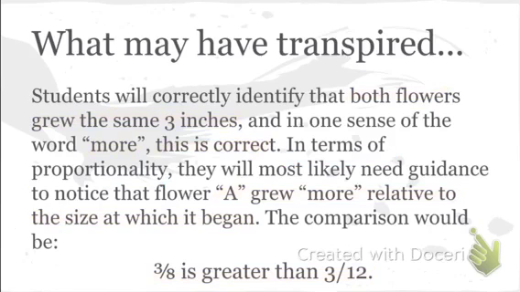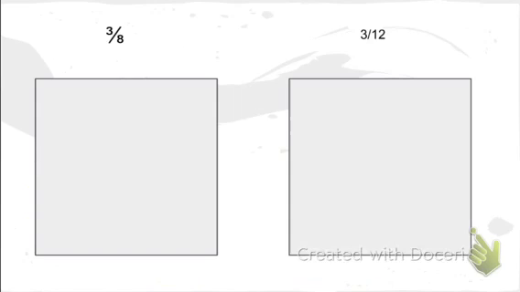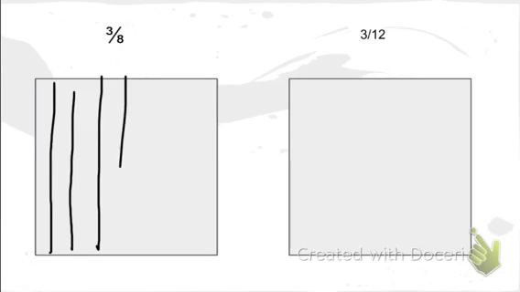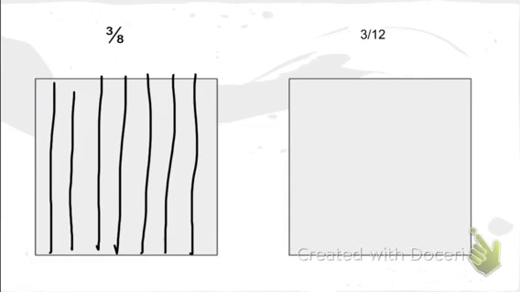Let's move on here. 4 minutes. And again, if we still need this at this point, we could look at 3/8 and 3/12, and look in terms of their size. Get rid of that. I want the pen. So 1, 2, 3, it's not going to be right, 4, 5, 6, 7, 8. There's 8.